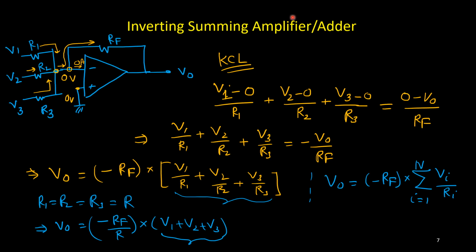Summing as well as it will amplify. So in general, if I consider all the resistances Rn are the same as R, then the general value will be minus RF by R times the summation of all Vi. That's all.